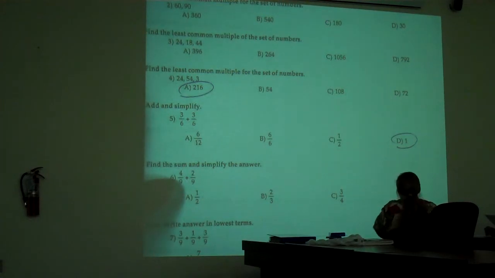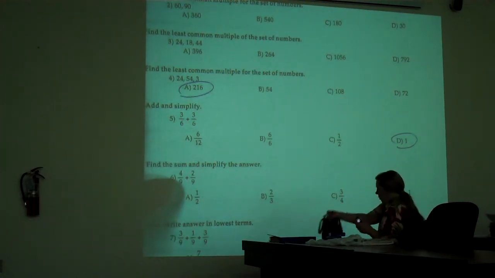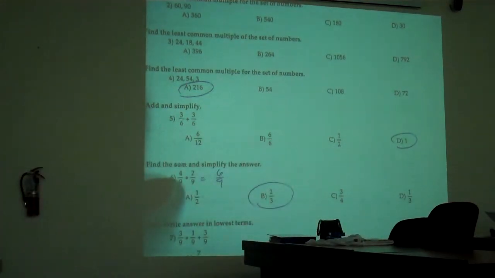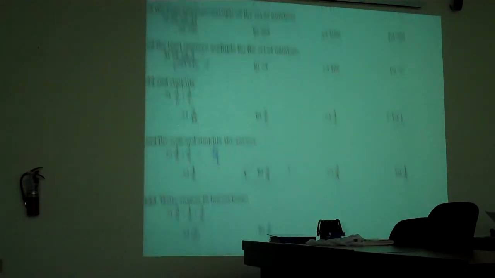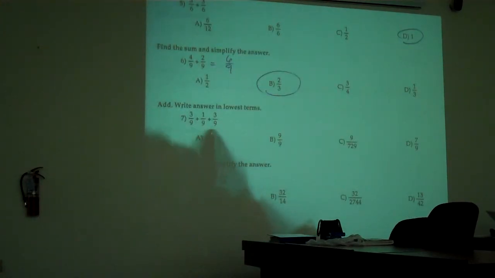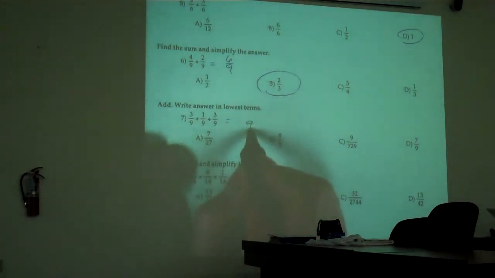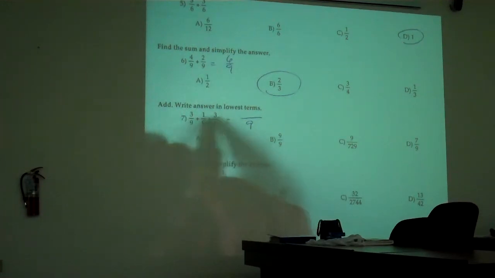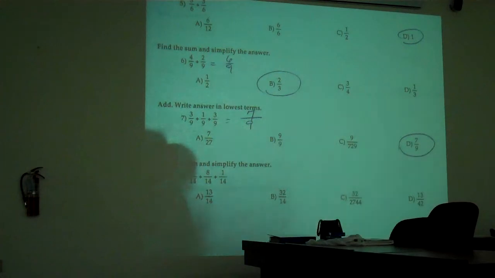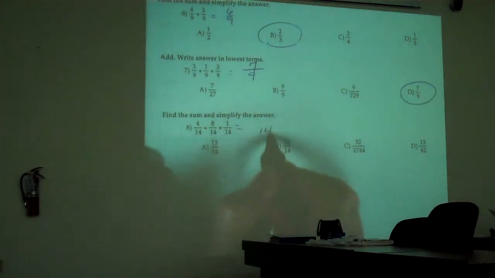4 ninths plus 2 ninths is 6 ninths, which reduces to 2/3, right? How about you already have the same bottom number here? Just keep it, right? 3 plus 2 is 6, and 1 is 7 ninths. Okay? Everybody's keeping up, right? Okay. Keep the 14 on bottom.